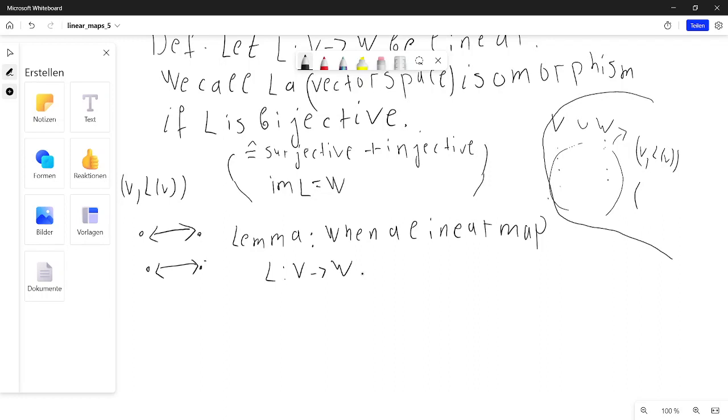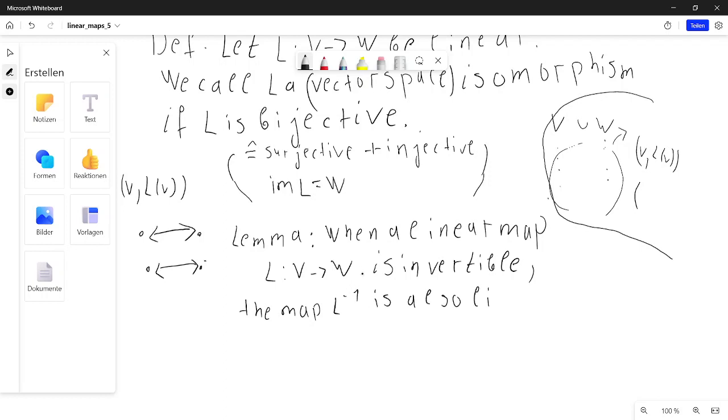When a linear map L, V to W is invertible, which is equivalent to that map being bijective, the inverse map L minus 1 is also linear.